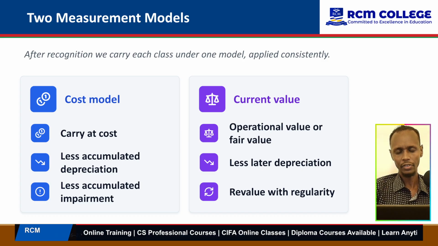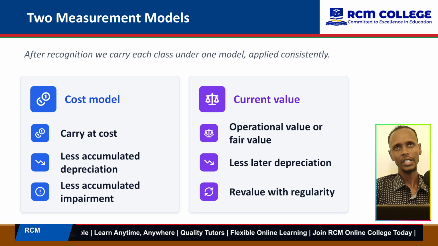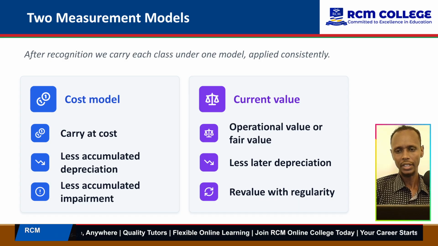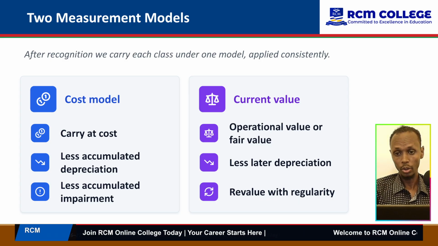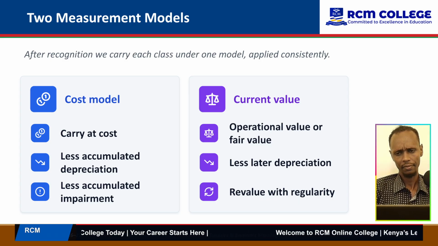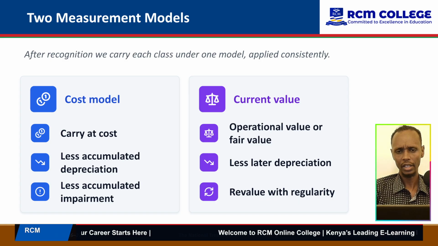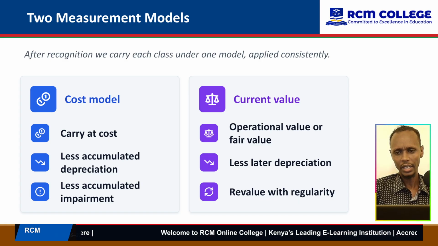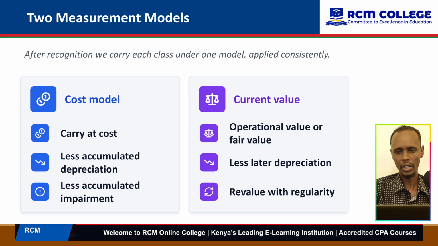For the current value model or revaluation model, you look at the operating value or fair value, less later depreciation, and revalue with regularity. For example, a school built 20 years ago, let us say the whole school you built for 100,000. If the school was built for 100,000, can you still assume that the current value of that school is still 100,000?